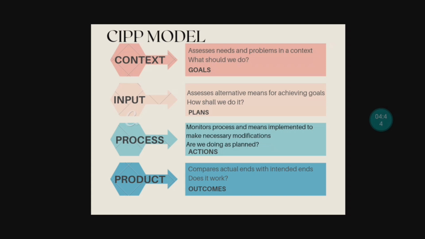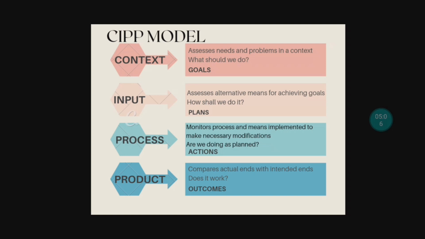Then the I stands for input, which assesses alternative means based on the inputs for the achievement of objectives to help decision makers choose options for optimal means, and it is considered as the plan. It also answers the question, how shall we do it?